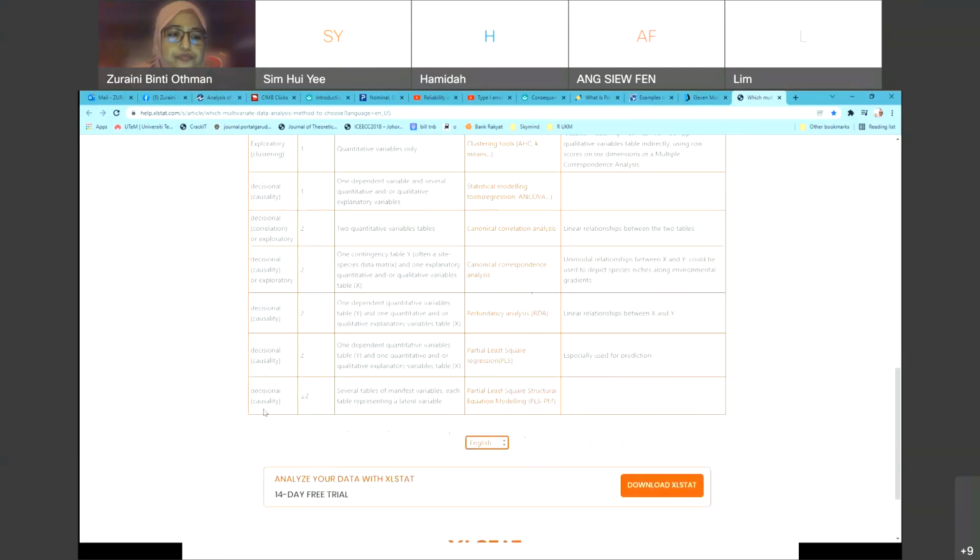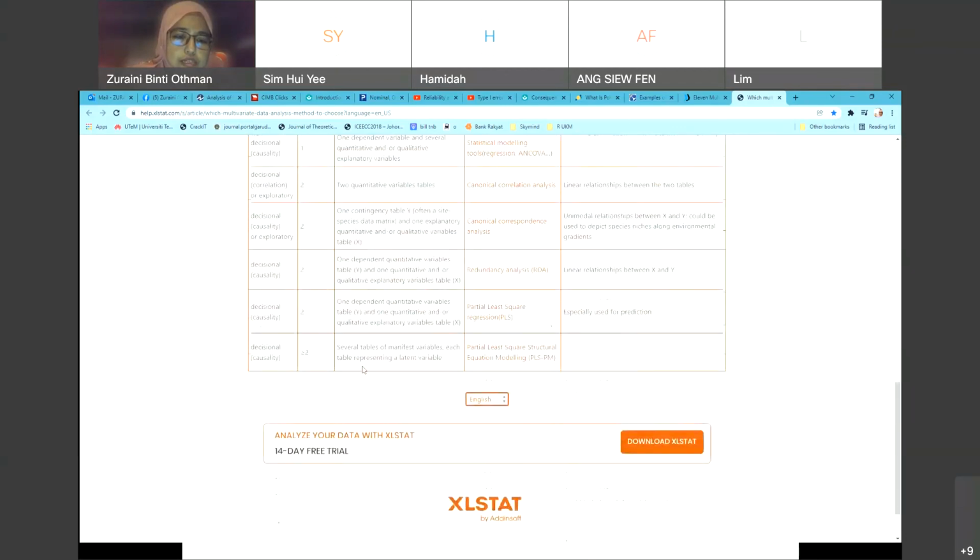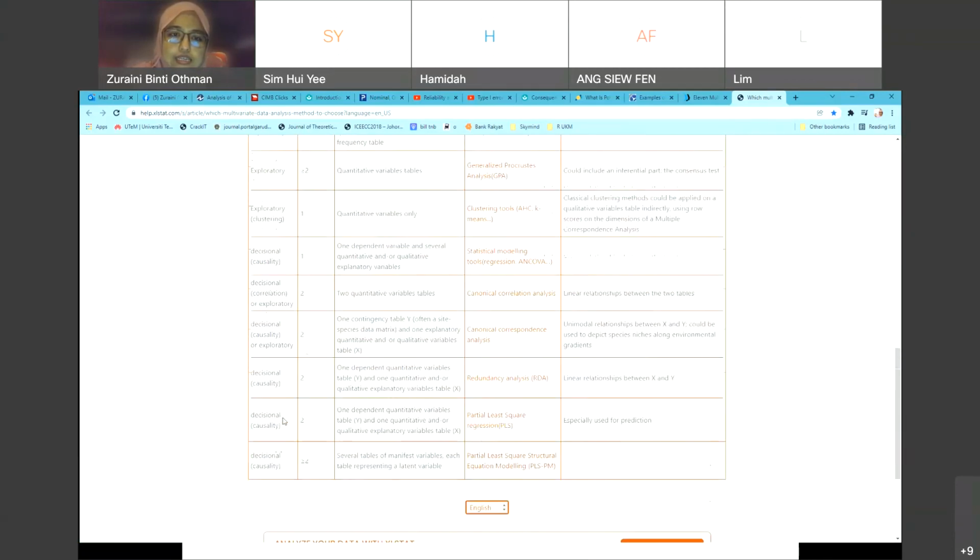Okay, and so on. If you want to make a decisional study for causality, then it involves more than or equal to 2 tables, then this is the data distribution, and the possible analysis is partial least squares structural equation modeling. Okay.